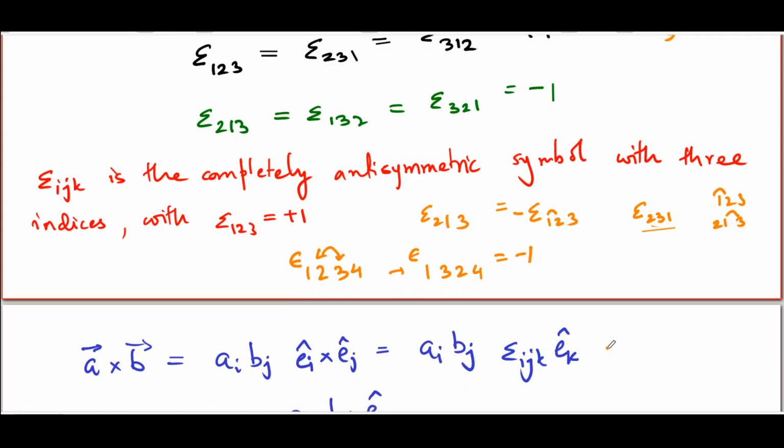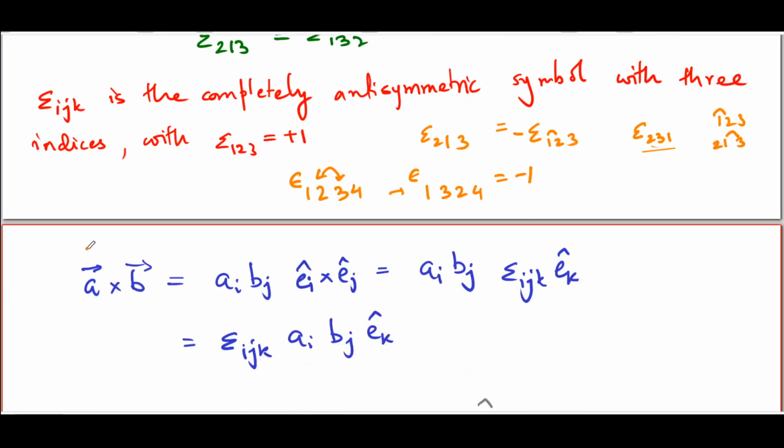So, the upshot of all this is A cross B is epsilon ijk a_i b_j e_k. Or the kth component of A cross B, which is going to be very useful in later applications, is given by epsilon ijk a_i b_j.